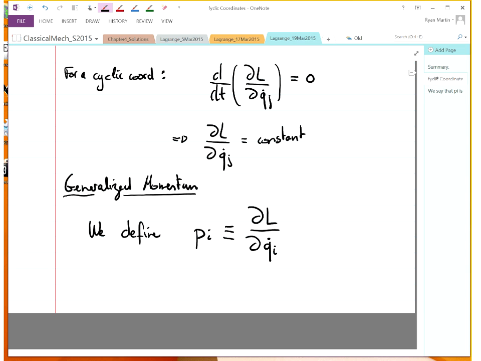So that kind of makes sense, right? We have a set of q_i's, and for each one of them, we can define this generalized momentum. There's a p_i for each q_i, and the way you find it is you do ∂L/∂q_i dot. There's a one-to-one correspondence between the generalized momenta and the coordinates. There are as many generalized momenta as there are coordinates.